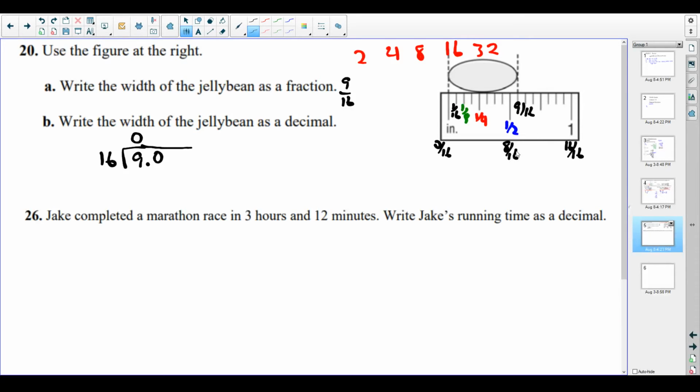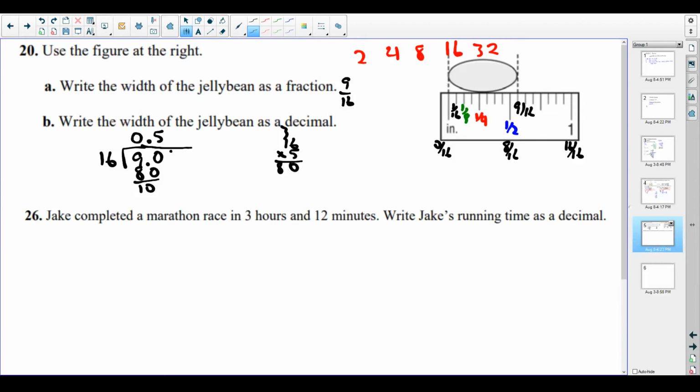We know it's more than 1/2, so let's try 5. Let's see, 0.5 something. So 16 times 5 is 80. And then 9 minus 8 is 1, and I definitely can't get another 16 without going over 90. So this is going to be 0.5 something.